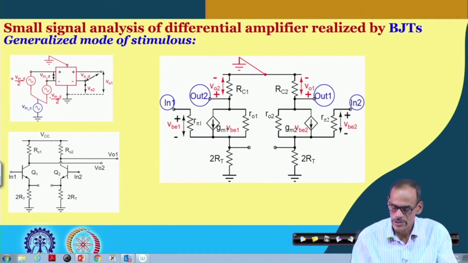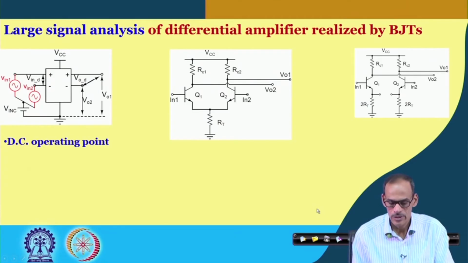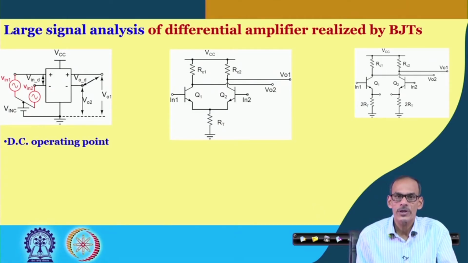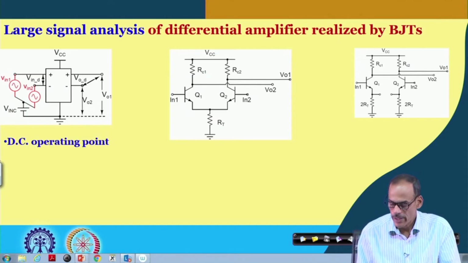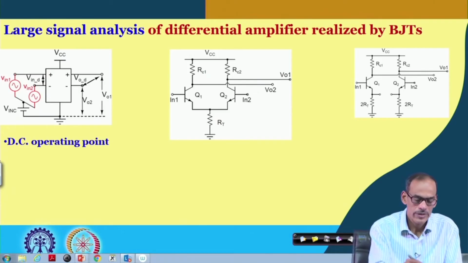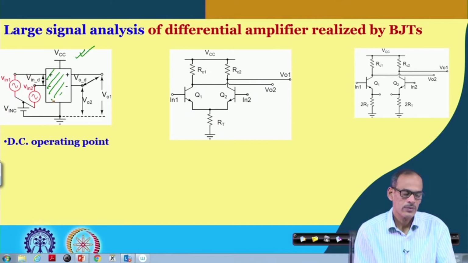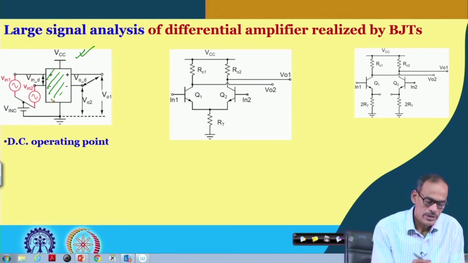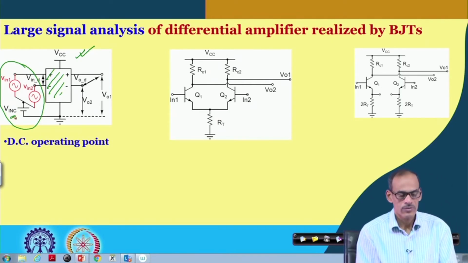So, in the next slide we are going to talk about large signal analysis, and we like to see the DC operating point of the amplifier. Going back to the circuit here, the basic model where we have the differential amplifier, which is stimulated by a pair of signals accompanying the same amount of DC voltage.